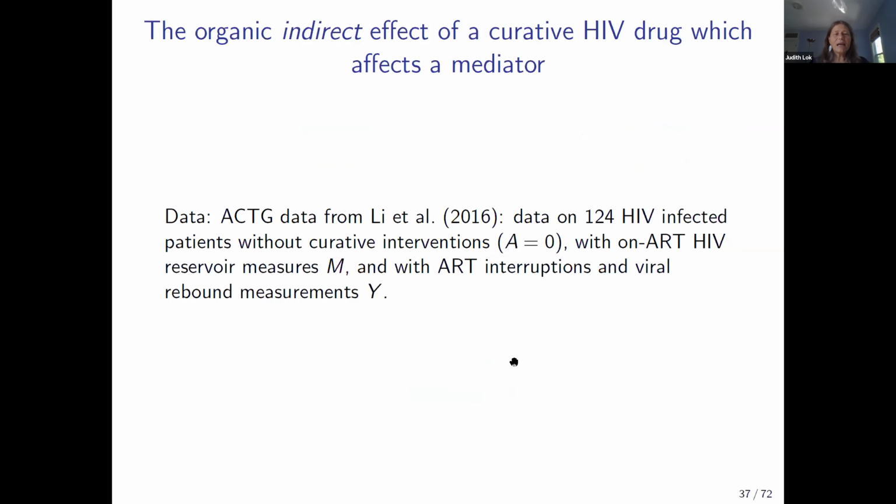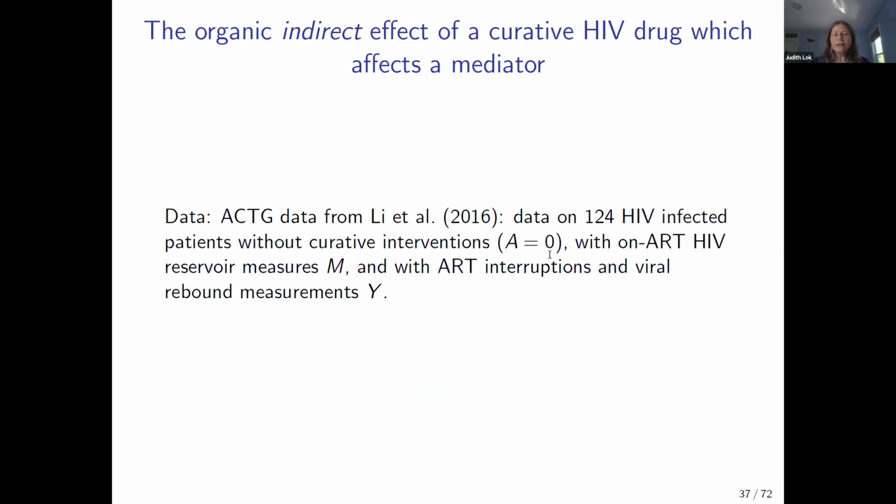The data that we have is the ACTG data from Lee et al. from 2016. There are 124 HIV-infected patients without curative interventions, so A = 0, with on-ART HIV reservoir measures M, and with ART interruptions and viral rebound measurements Y. So all the measurements that we have are under A = 0.